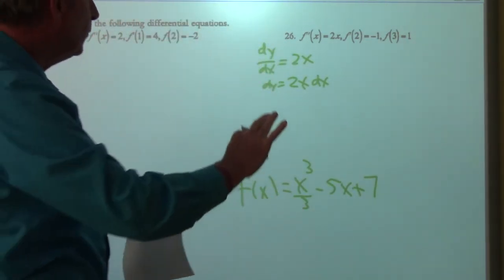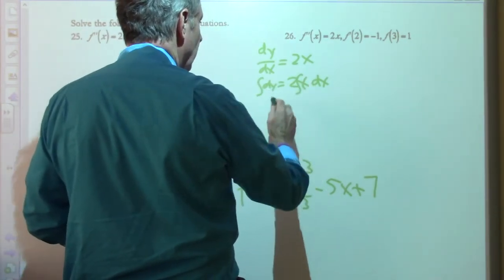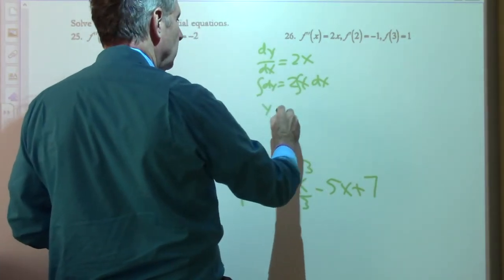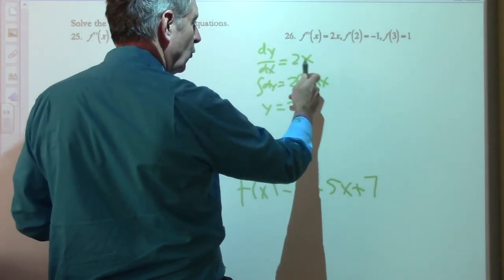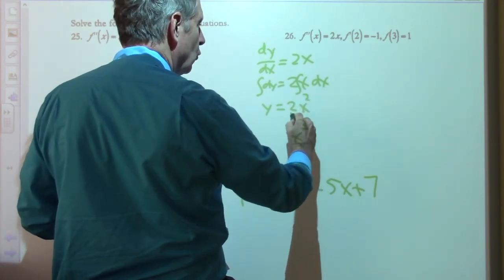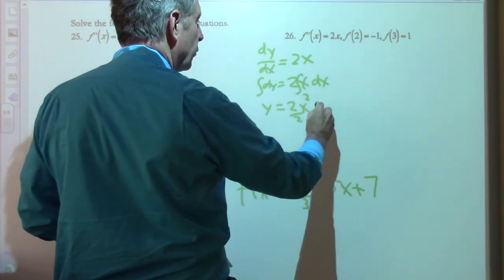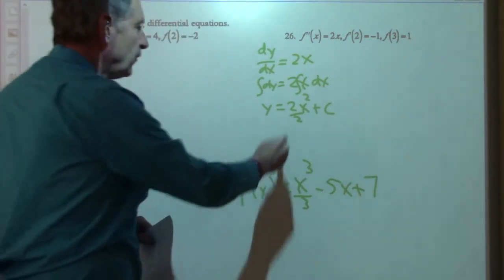Okay, good. So now we're going to take the integral of both sides of this. So what we have here is y is equal to 2, and the integral of x dx is going to be x squared over 2 plus c. Okay? And this cancels here.